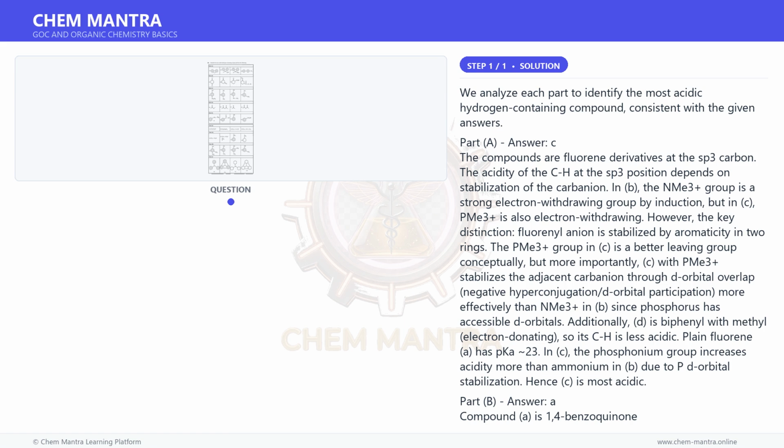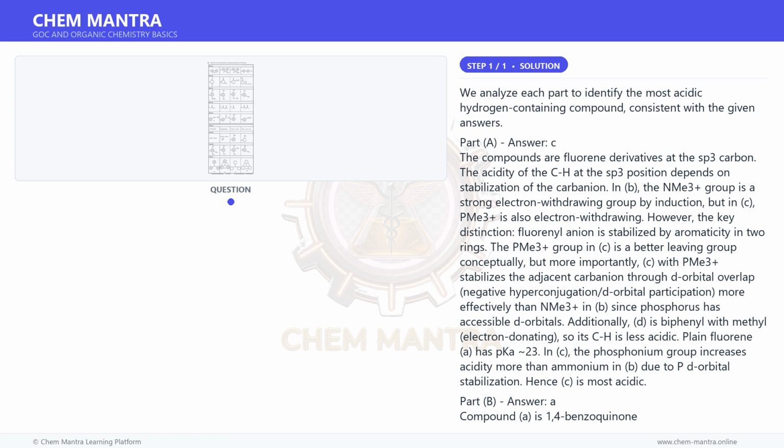A has para ethyl, EDG, pKa 10.2. C has para NHCH3, EDG, which decreases acidity. Para-nitrophenol, B, is more acidic than meta-nitrophenol, D, because resonance donation of negative charge to the NO2 group is possible from the para position. Therefore, B is most acidic.